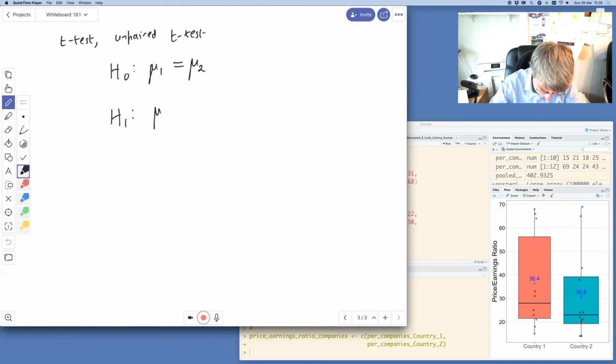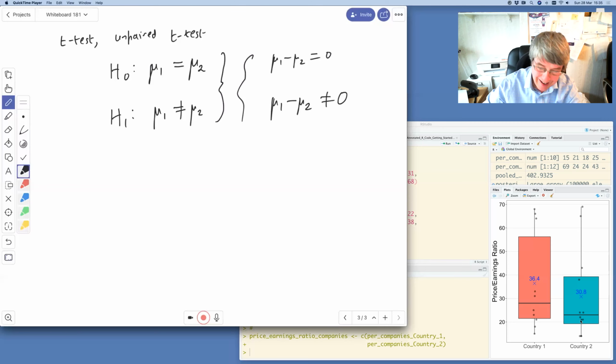The alternative is that those means are not the same. Those are the hypotheses tested in the standard unpaired t-test. Sometimes they are written as mu1 minus mu2 equals 0, so there's no difference, against the alternative that there is a non-zero difference.